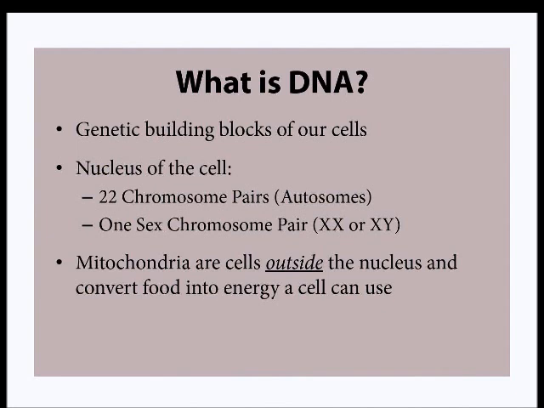In the nucleus of the cell, there are 22 chromosome pairs. These are known as autosomes. And of course, you have one pair, which is the XX or XY pair. Mitochondrial cells are cells outside the nucleus that convert food into energy that a cell can use.